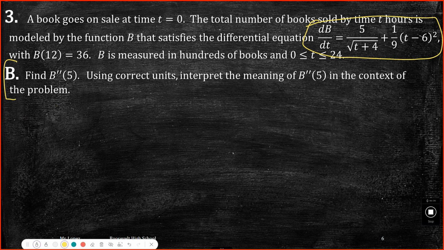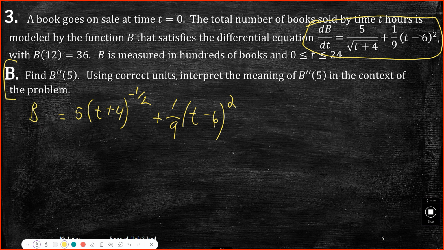Rewrite it where you have t plus 4. Let's put it in radical t plus 4, in fractional exponent. Negative 1/2. And then plus 1/9 times t minus 6 squared. That's B prime of t.